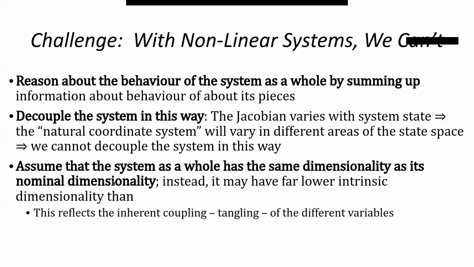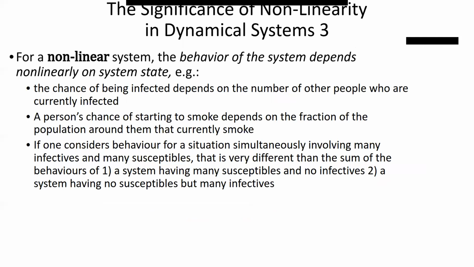We can't decouple the system into a natural coordinate system that holds at all times. And we can't assume the system as a whole is the same dimensionality as its nominal dimensionality. It will often, because of this entangling, have behavior that's actually quite a bit simpler, or quite a bit lower dimension, meaning it has fewer degrees of freedom than we would otherwise think.